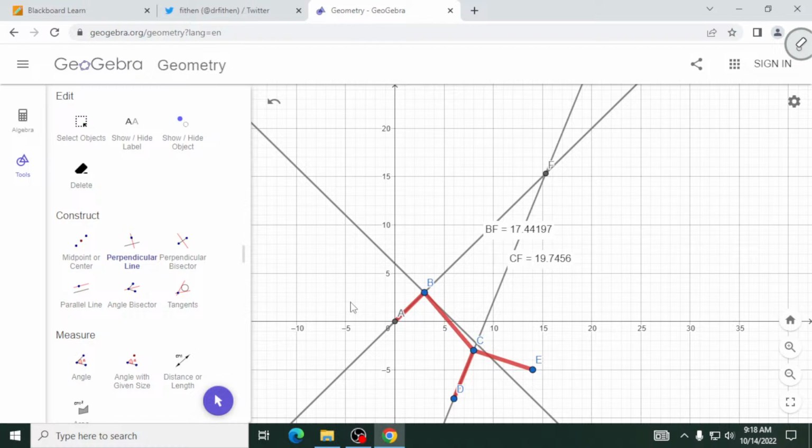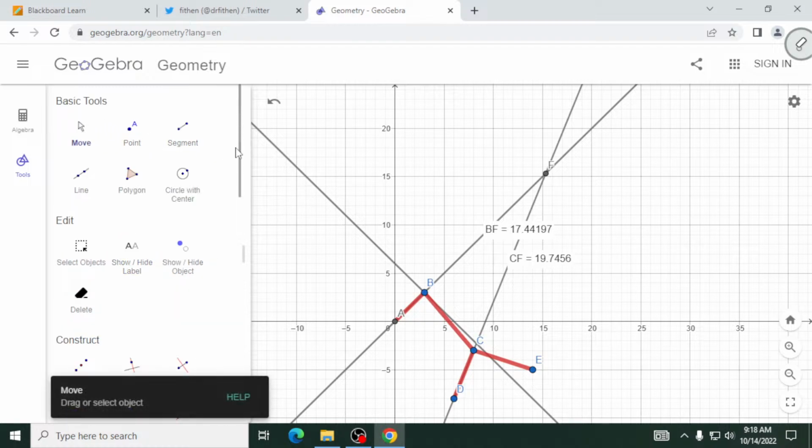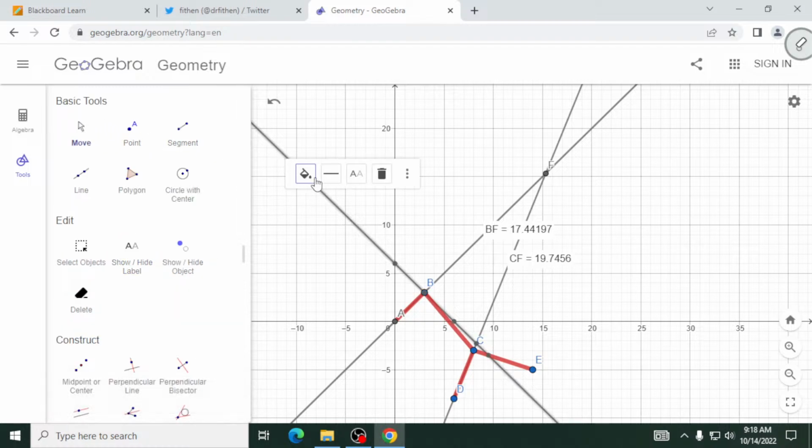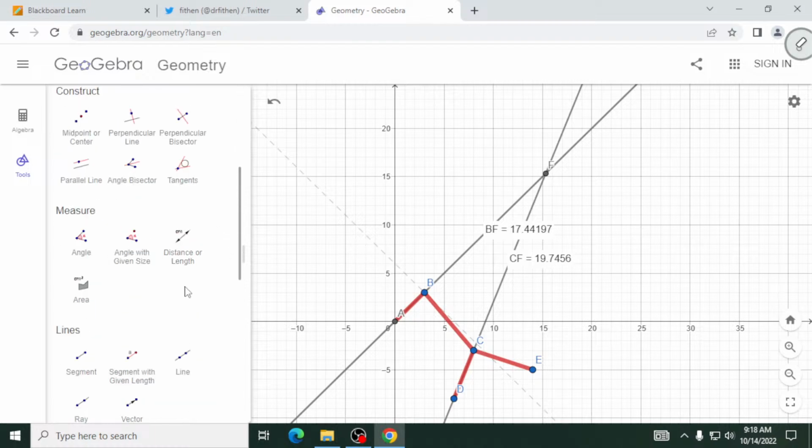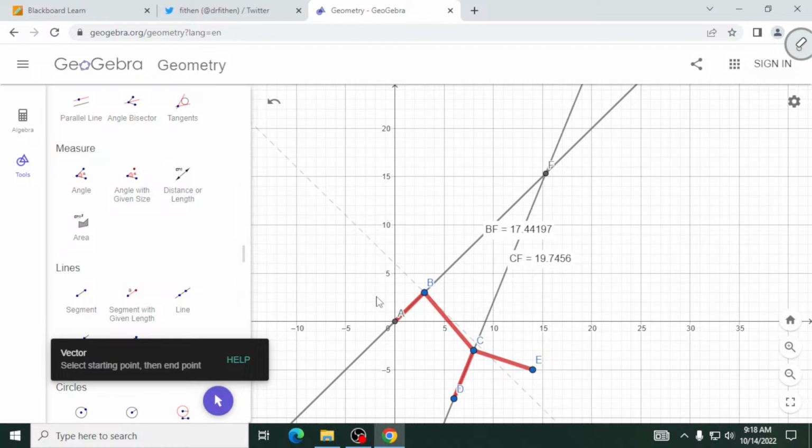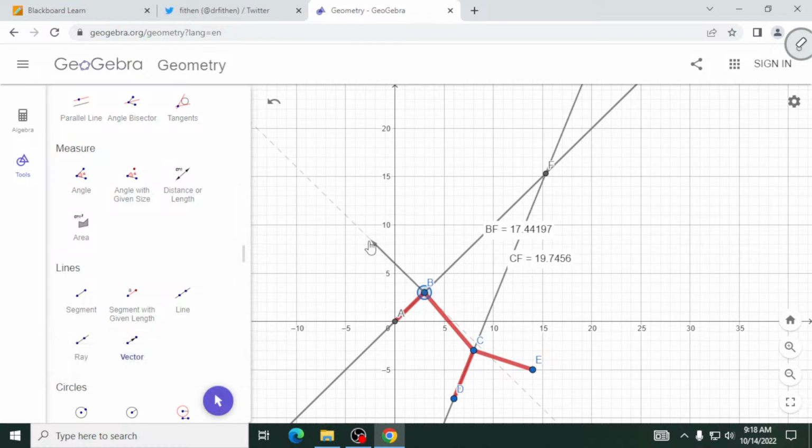So this is perpendicular to that line. What I can do is make it very thin and dotted so you can barely see it, like a construction line. Then I'm going to go down here to a vector, and it's smart enough, you notice it jumps to there.